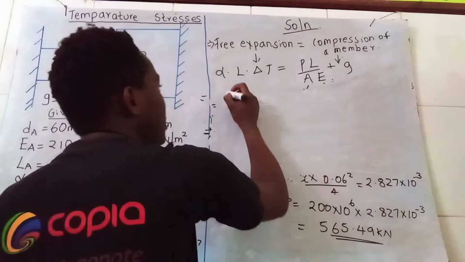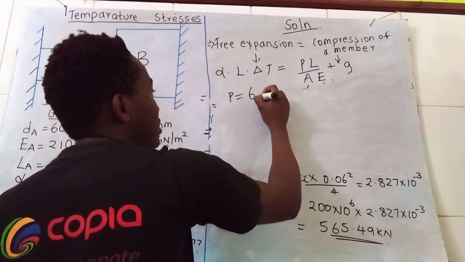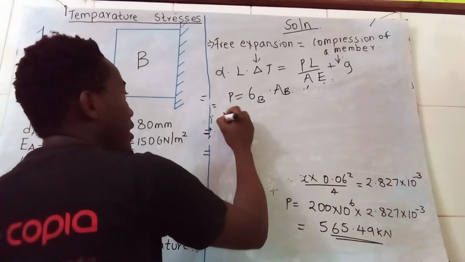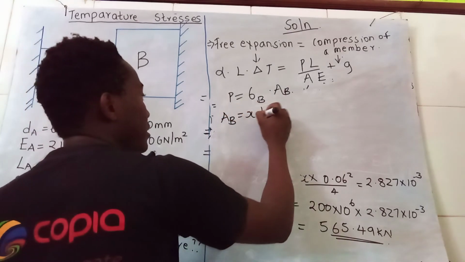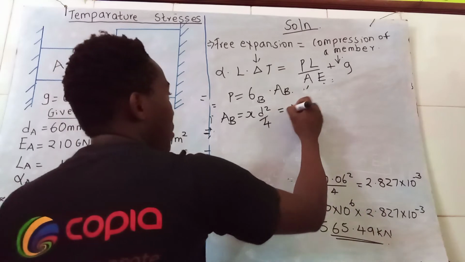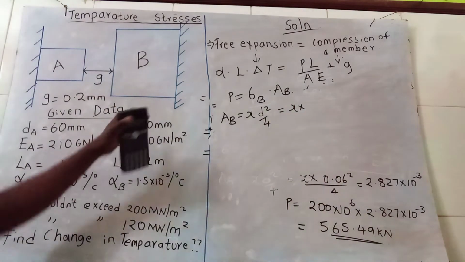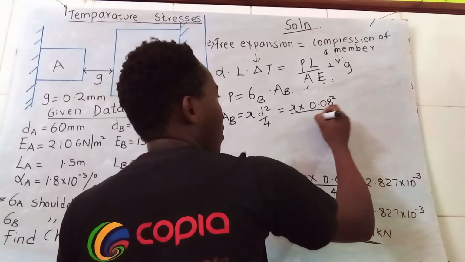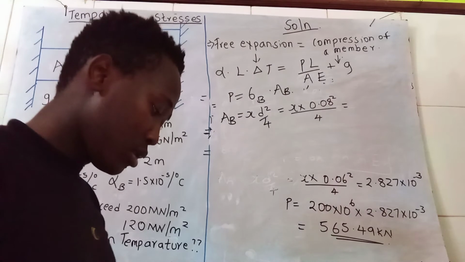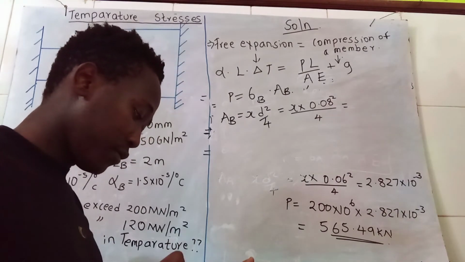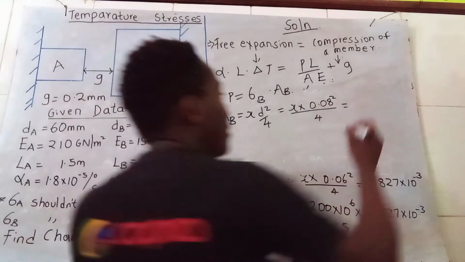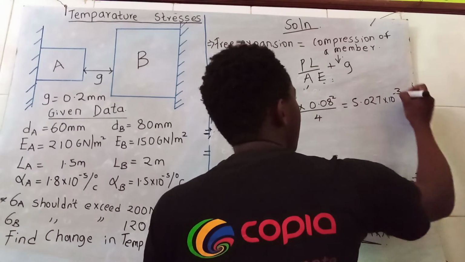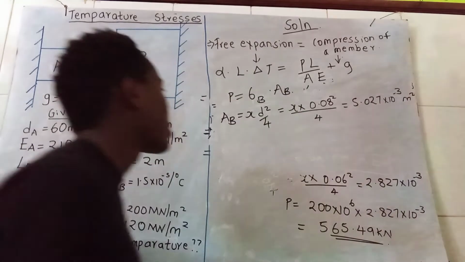Once again, load will be given by stress in B times area in B. Area in B is pi d squared over 4, pi times the diameter in B, 0.08 squared over 4, which equals 5.027 times 10 to the power negative 3 meters squared.